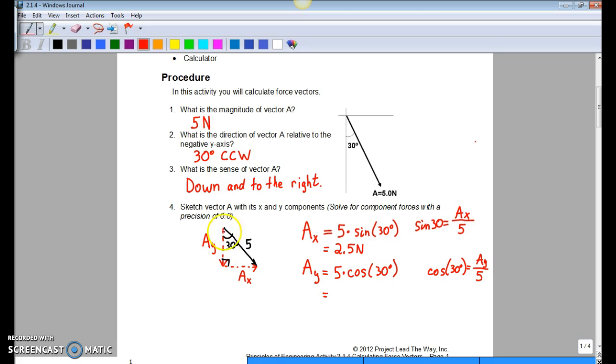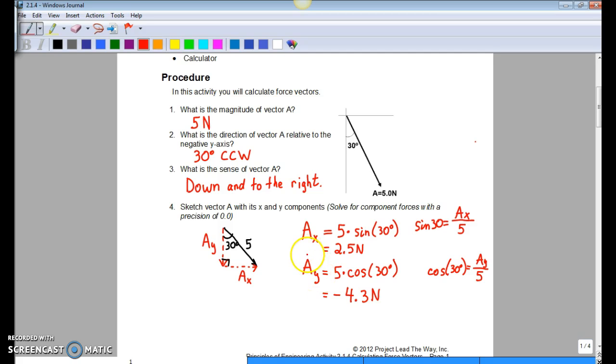Now, since our y is down, our sense is down, our y value for this vector, or the y component for this vector, I should say, is going to be negative. And you run your calculator number, and you find it rounds to negative 4.3 newtons.